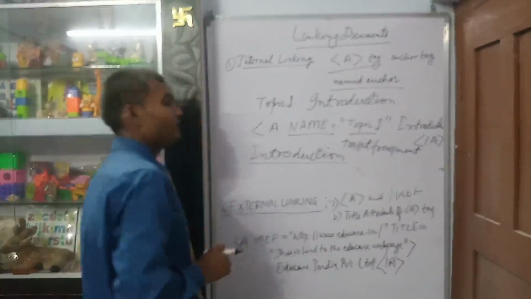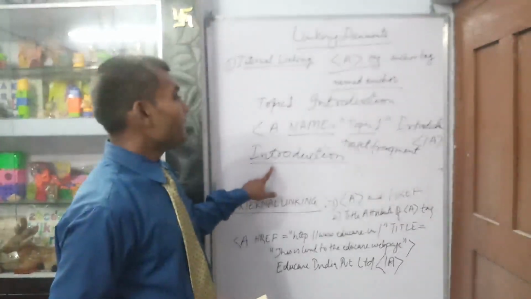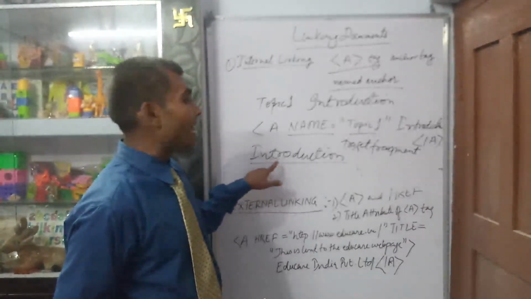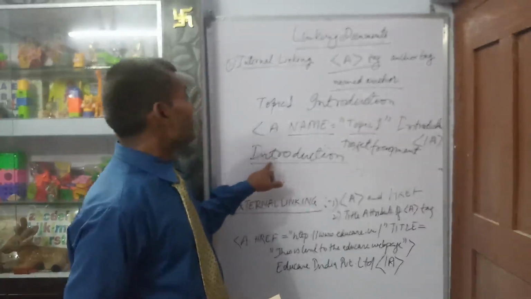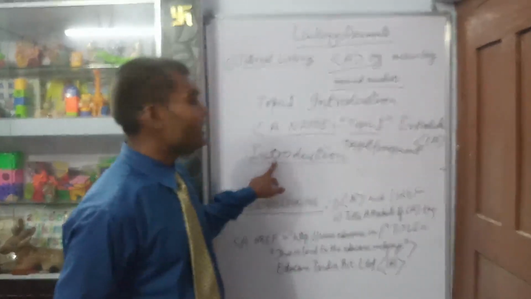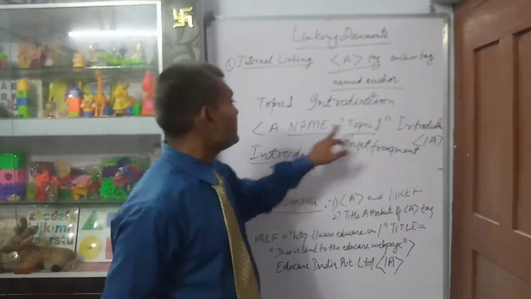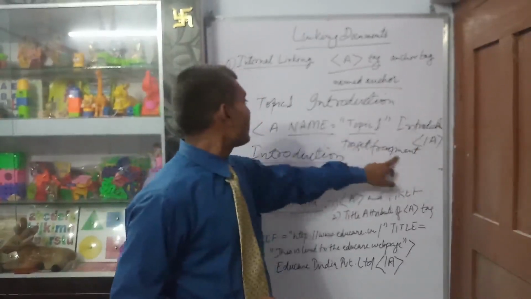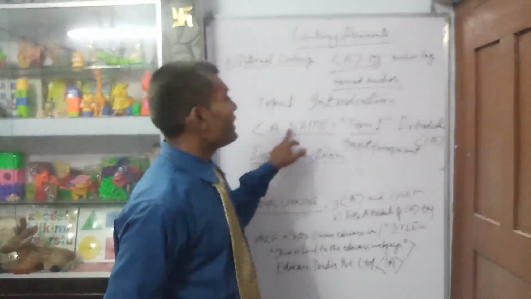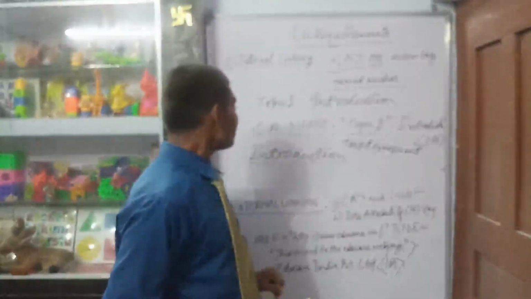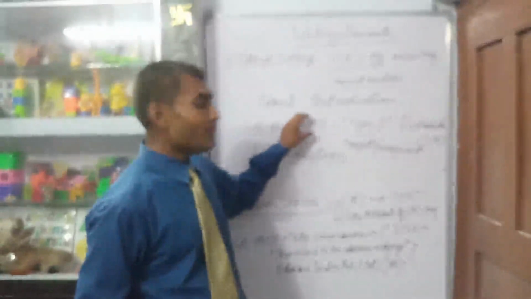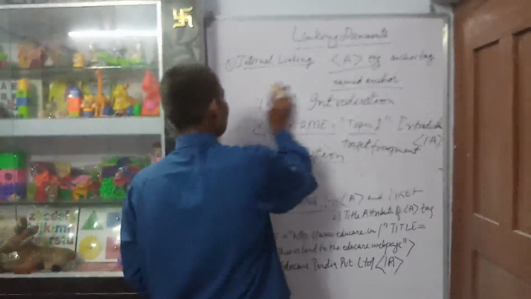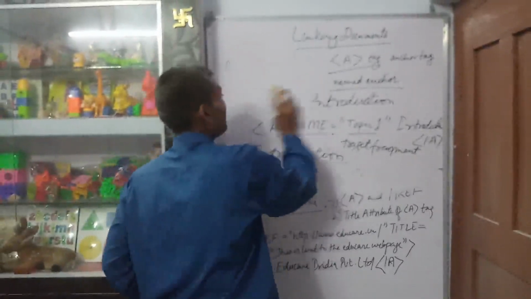When you click on this introduction, which you used in the href attribute with the a tag, then this introduction links to your target fragment, and it redirects to the introduction target fragment which we made with the a name attribute. So this is internal linking, where we use the a tag with the name attribute and the a tag with the href attribute. Now come to external linking.